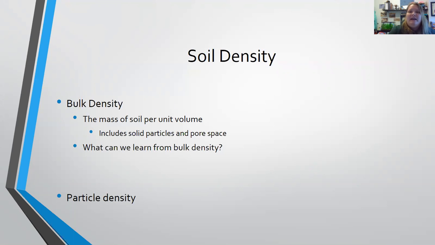And so as a soil gets more compacted, the bulk density then increases. So we can also tell if a soil has been severely compacted by the bulk density number as well.